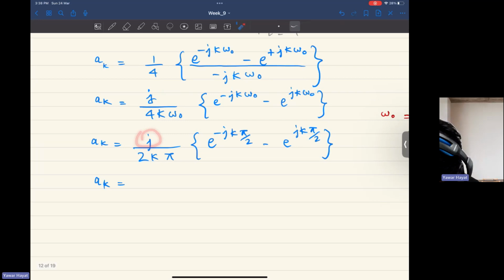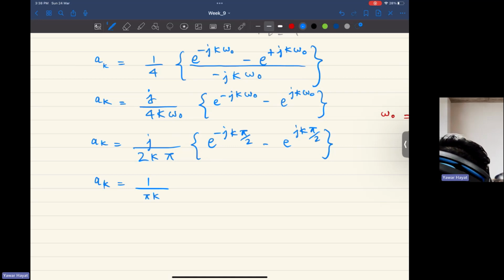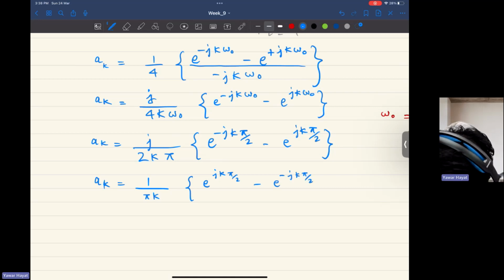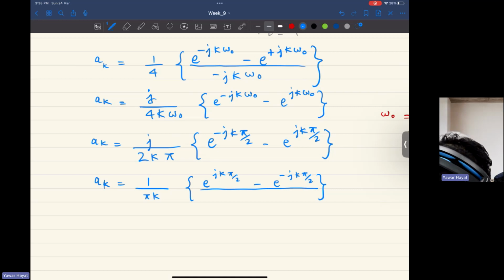This would be minus j. Then I'll write minus j as 1 by j. I'll bring that j in the denominator. I'll bring 2 also inside the braces, right? So I'll be left with the following: 1 over k pi, or pi k. Since I had taken this minus sign out, this would be e to the power jk pi by 2 minus e to the power minus jk pi by 2, right? And in the denominator, I'll have 2j.